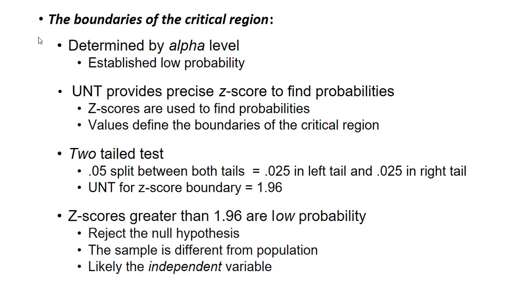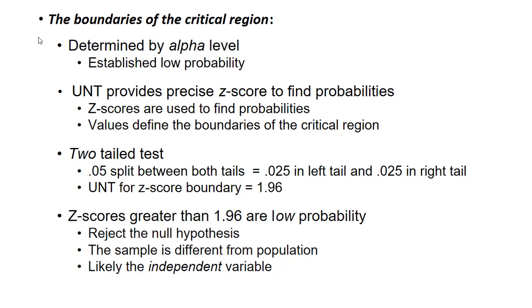Therefore, we have 0.025 in the left tail and 0.025 in the right tail, meaning 2.5% of the means in the DSM are in the left tail and 2.5% of the means are in the right tail. The unit normal table z-score boundary at this 0.05 level is 1.96.